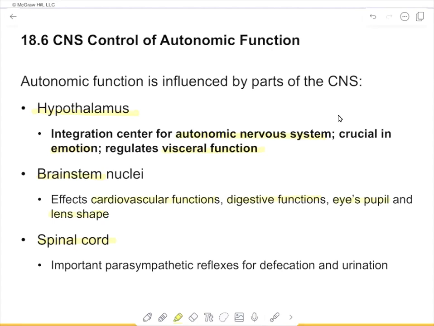For the spinal cord, there are basic parasympathetic reflexes in it, like defecation and urination, which are controlled by the sacral region of the spinal cord. So remember that the sympathetic nervous system is thoracolumbar and parasympathetic is craniosacral.